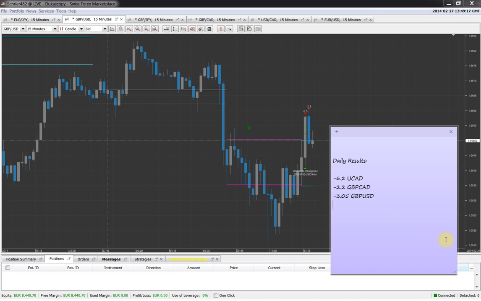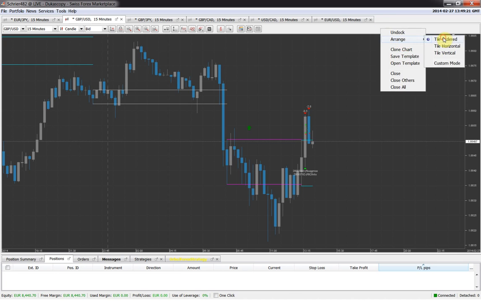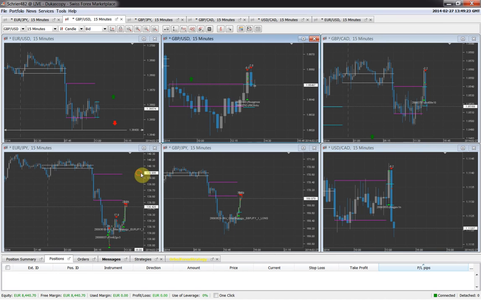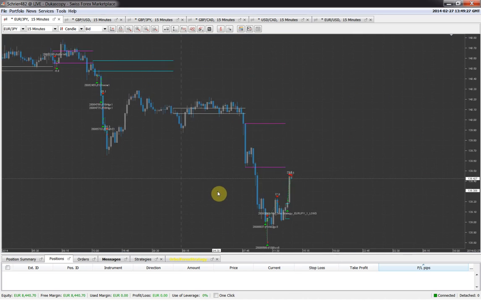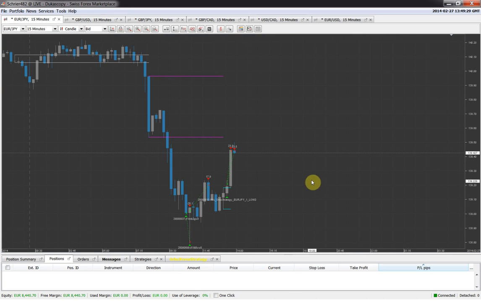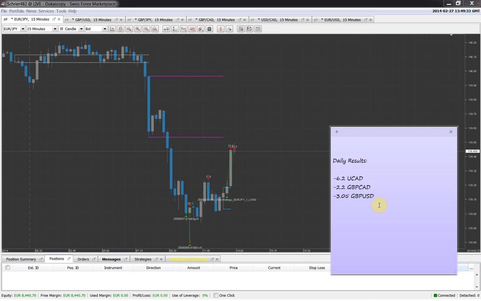Let's review how much we make. 3 pips on pound CAD, on pound dollar we lose, and we make, this is this morning. Okay, now let's see the positive.